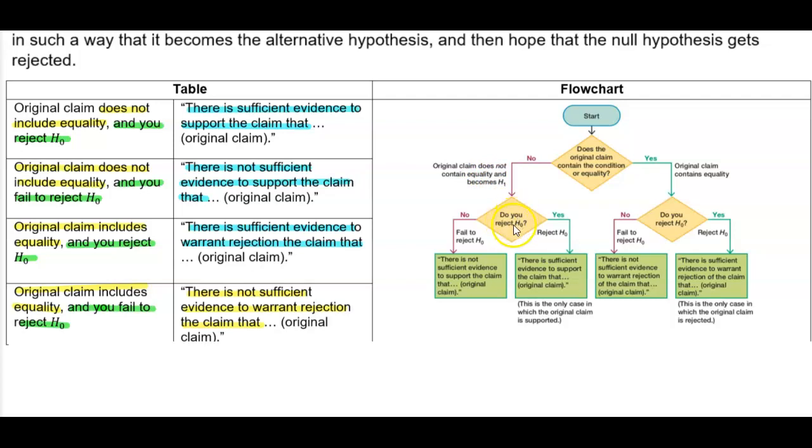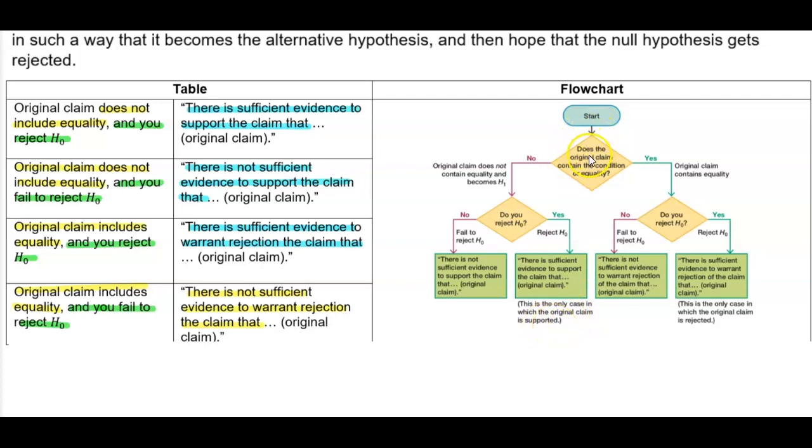Now, do you reject the null? If we fail to reject the null, then we would say that there is not sufficient evidence to support the claim that. Now, if we do reject the null, then we would say that there is sufficient evidence to support the claim of the original claim. Now, this is the only case in which the original claim is supported.